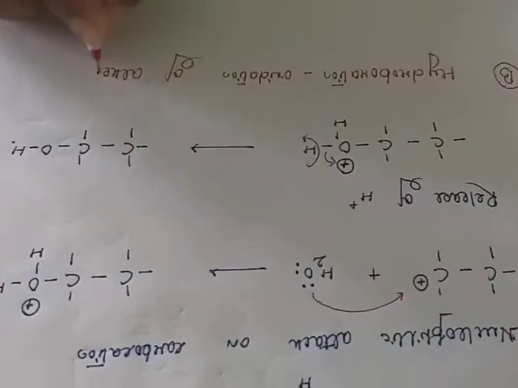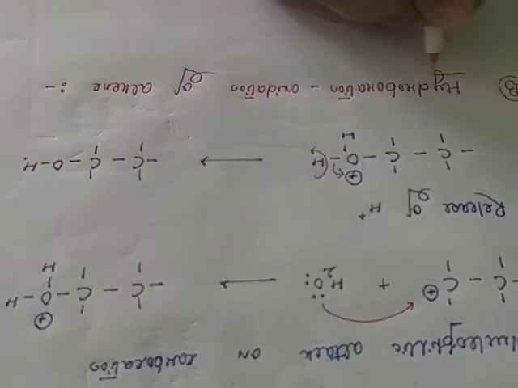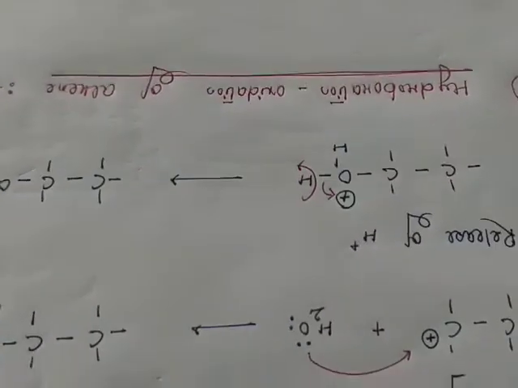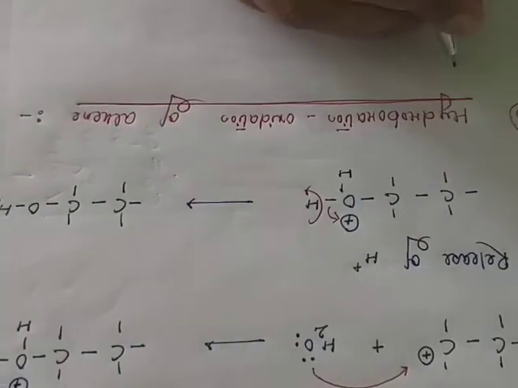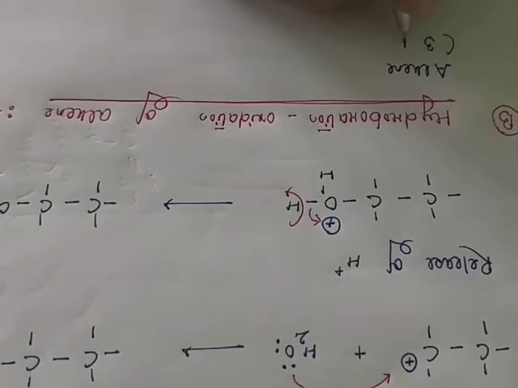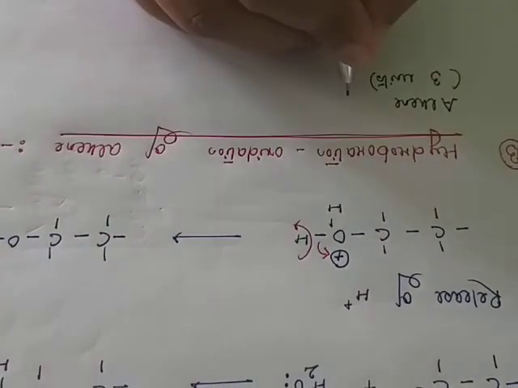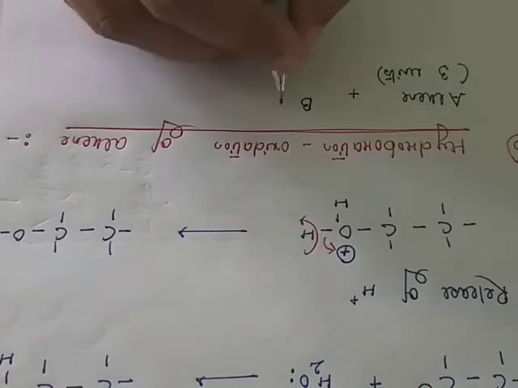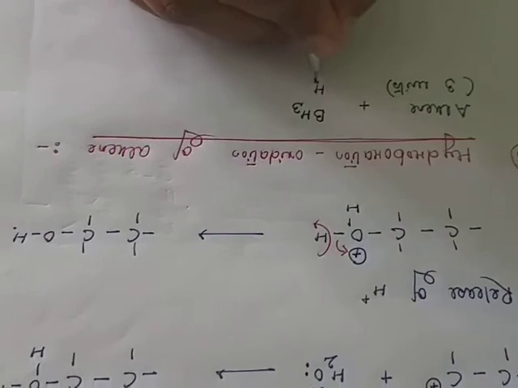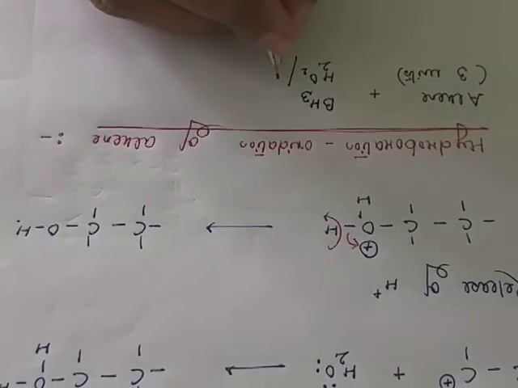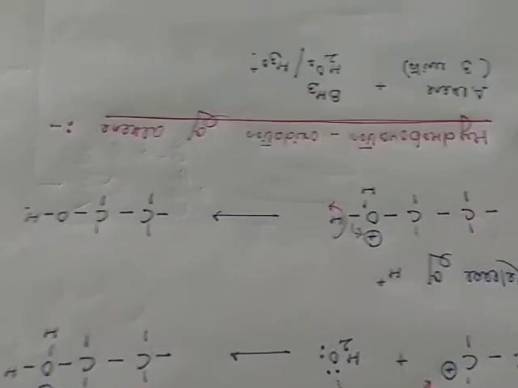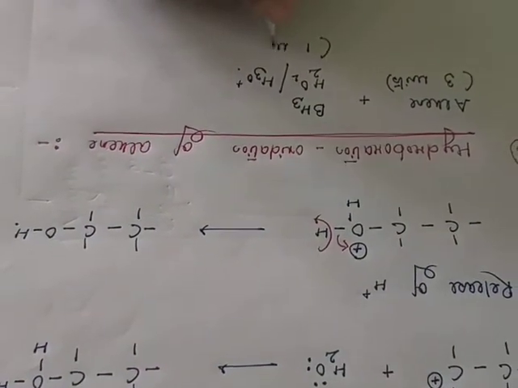In hydroboration oxidation of alkene, the addition of OH group is just contrary to Markovnikov's addition, and we will take alkene as 3 units for each unit of hydroboration. BH3 is for hydroboration, and for oxidation we take hydrogen peroxide in presence of H3O plus. This is as a whole 1 unit.